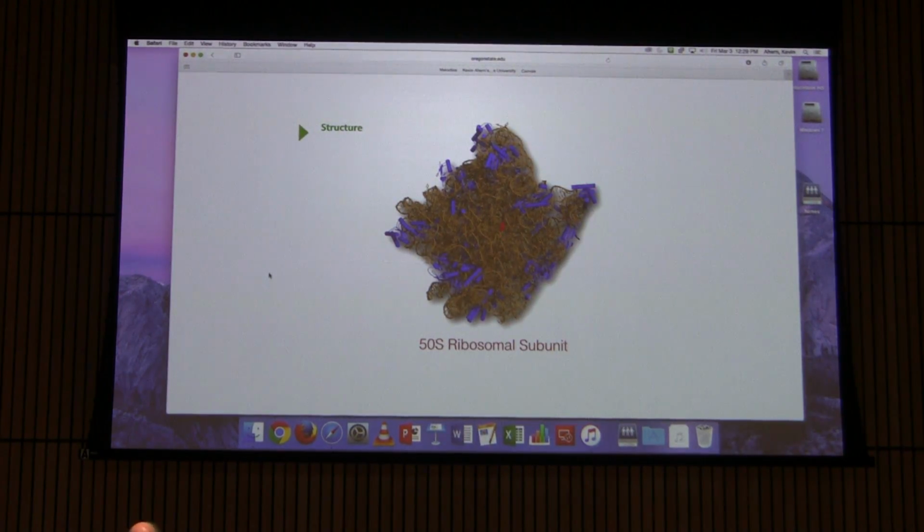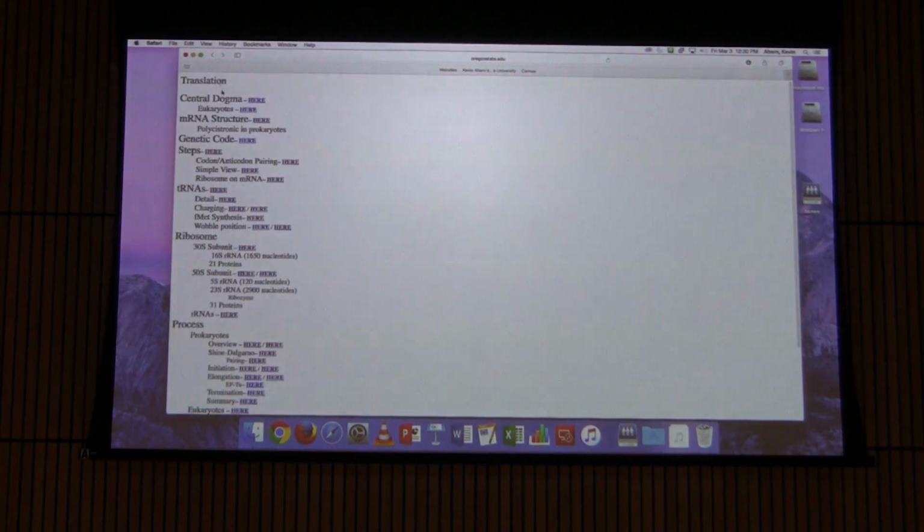The red site that's shown right there is the place where the peptide bond is formed. Okay? That's where the peptide bond is formed, right inside of there. Pretty cool. All right. Well, let's go through the steps in the process of making a protein.